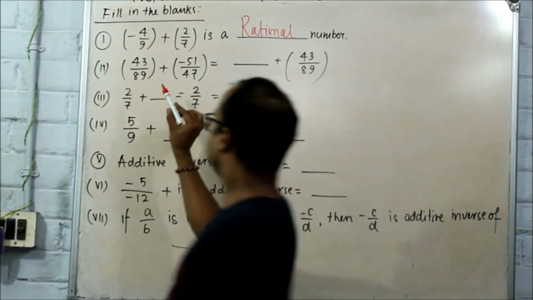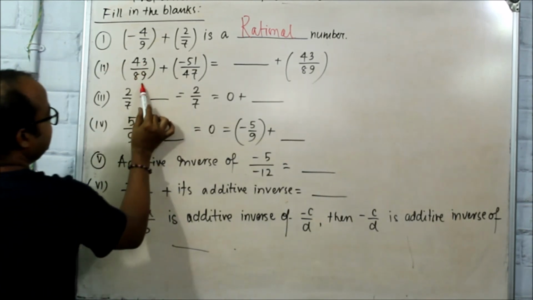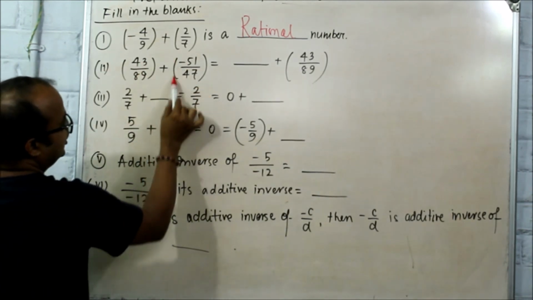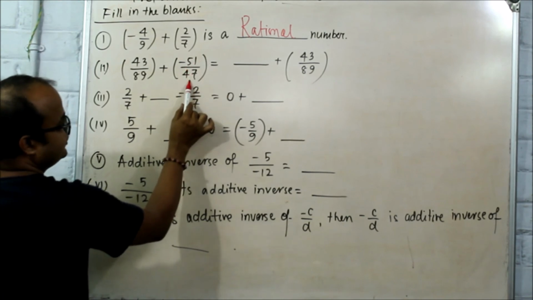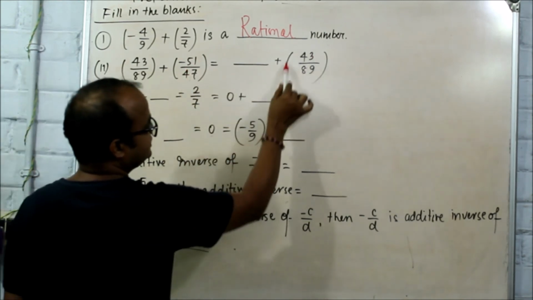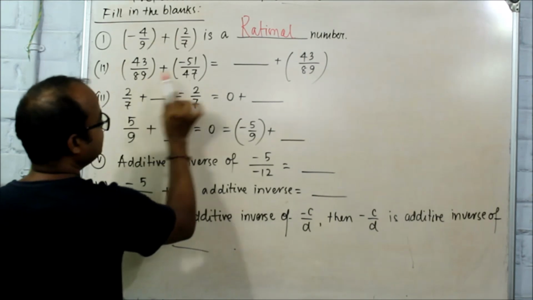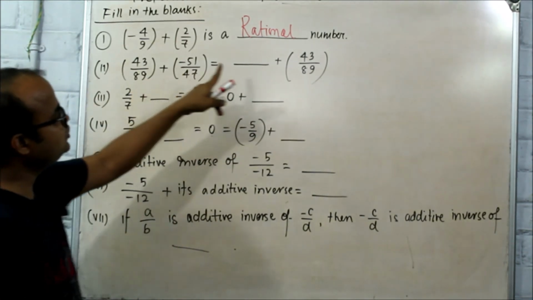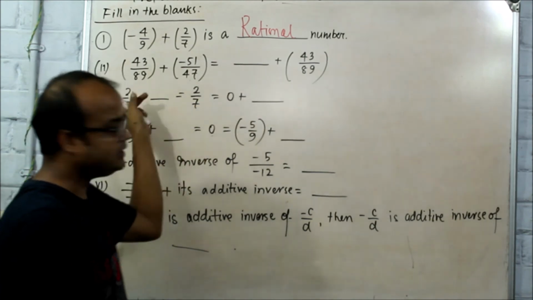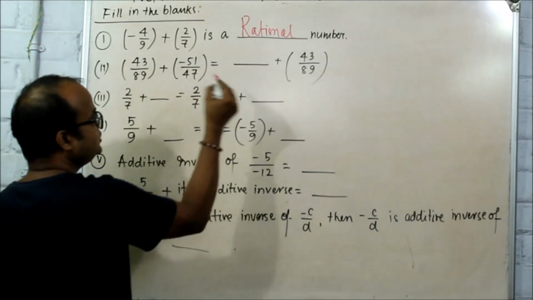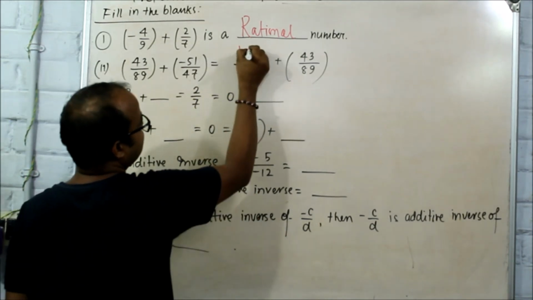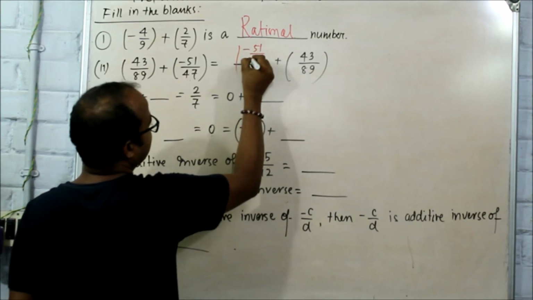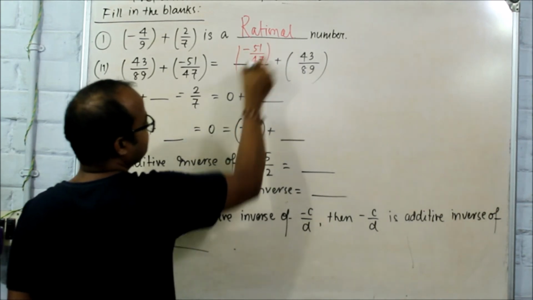Now 43 by 89 plus minus 51 by 47 is equal to, now this is given as 43 by 89, that means this part. So a plus b is equal to b plus a, that means it is based on commutative property. So here we write minus 51 by 47.